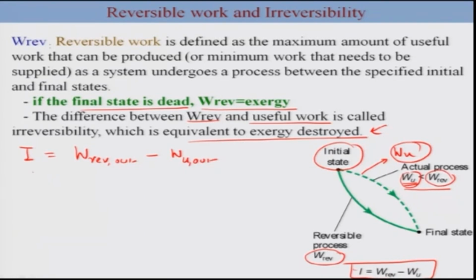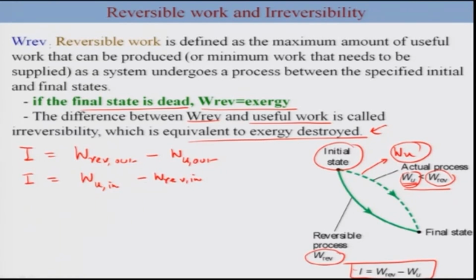Okay, for the case of a work consuming device, you can write this in the opposite way, as W useful in minus W reversible in.